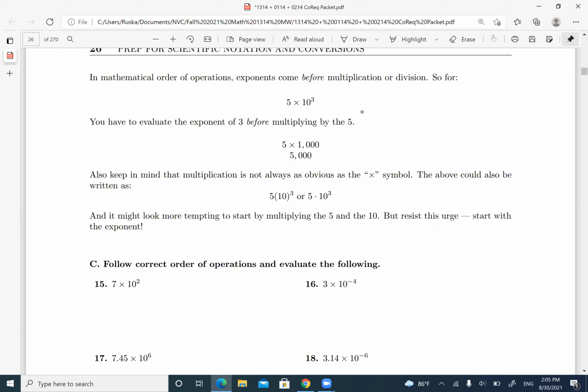Also keep in mind that multiplication is not always with the X symbol. Sometimes you're using the dot, or parentheses. So 5 times 10 cubed, you can write it like this or like this. These are 3 different ways of writing a number times 10 with an exponent.